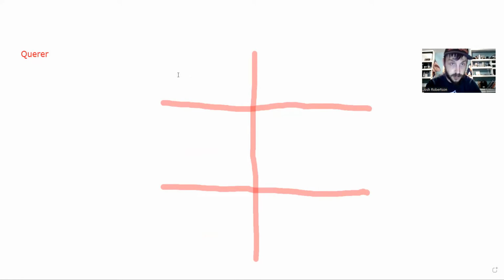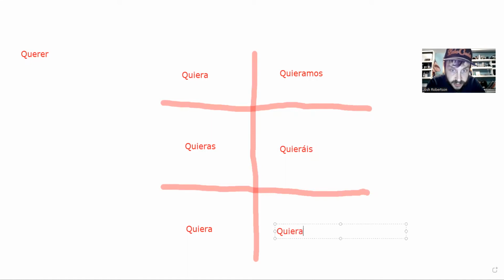So, yo quiera, tú quieras, él, ella y usted quiera, nosotros, nosotras quieramos, vosotros y vosotras quieráis, ellos, ellas y ustedes quieran.